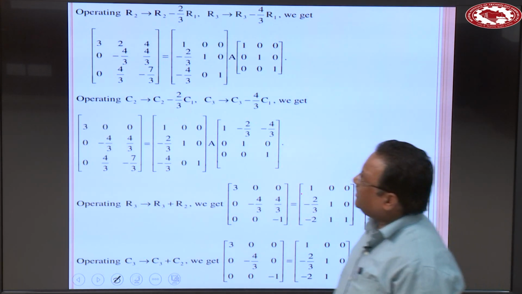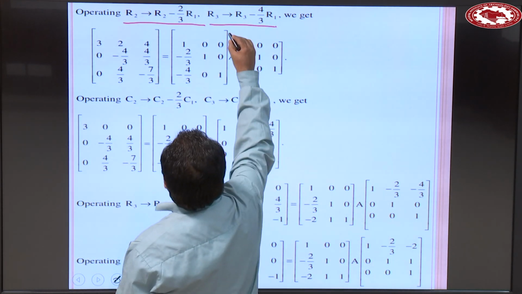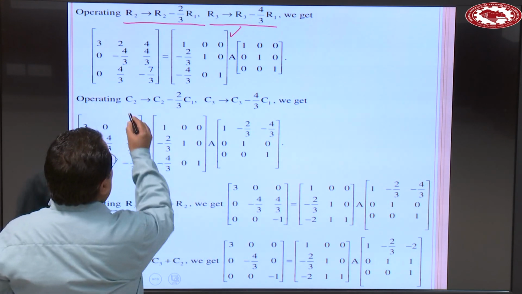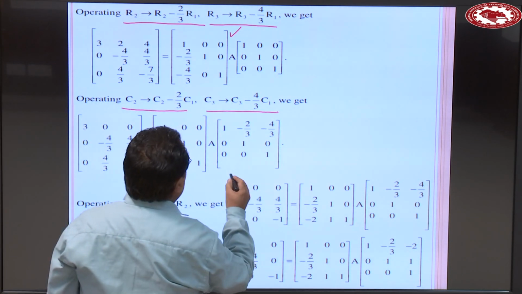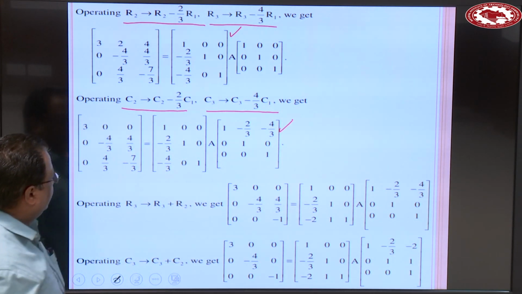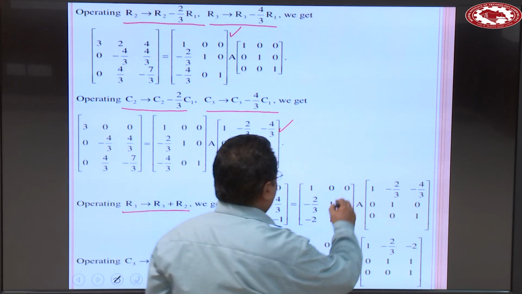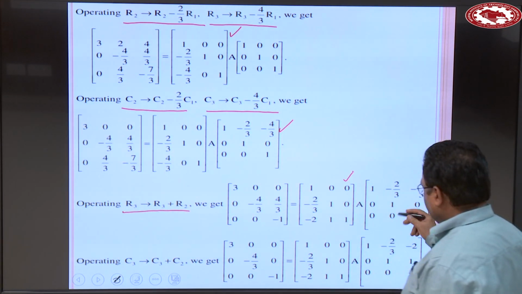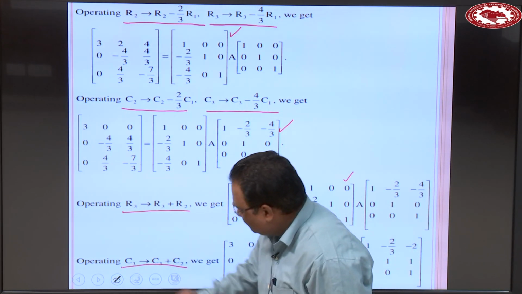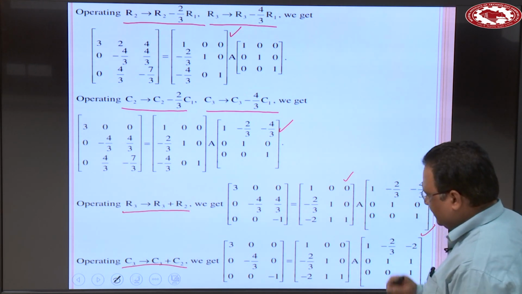Right? So operating row transformations, okay, so we obtain this and this as it is. Then operating column transformations, clear? Use here this term as it is. Then use row transformations, use here and this as it is, and finally use these column transformations and use here, and we obtain this expression.